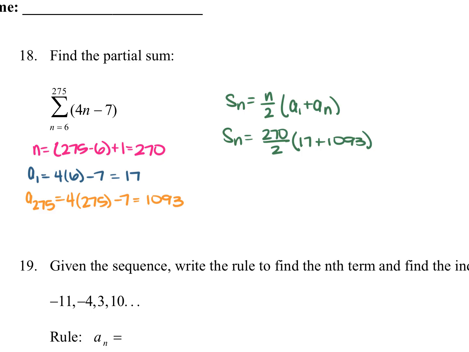That 1093 plus 17 gives us 1,110, and 270 over 2, which is 135, times 1,110 means our partial sum, once we multiply, is 149,850.